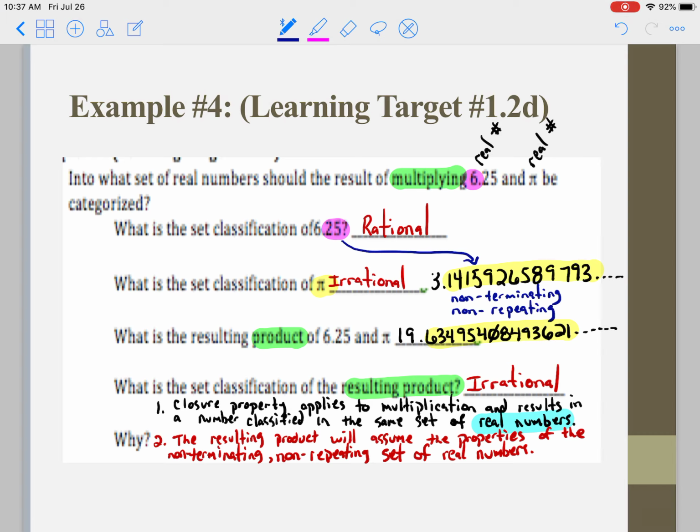So when a rational and an irrational number are multiplied, the result is contained within the set of all real numbers and assumes the properties of the irrational set of numbers.